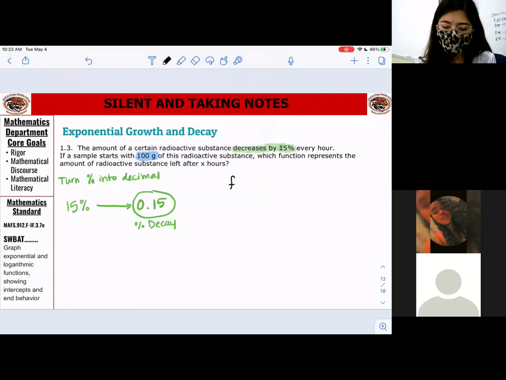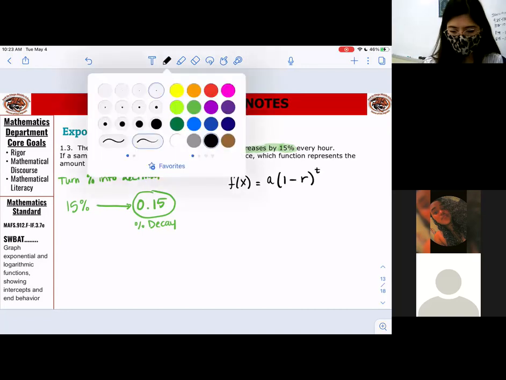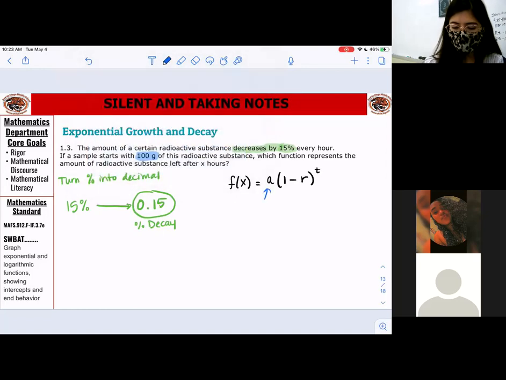So this is what the function is going to look like. It's going to be a times 1 minus r to the power of t. What does a represent? Y-intercept, starting value. What's r?